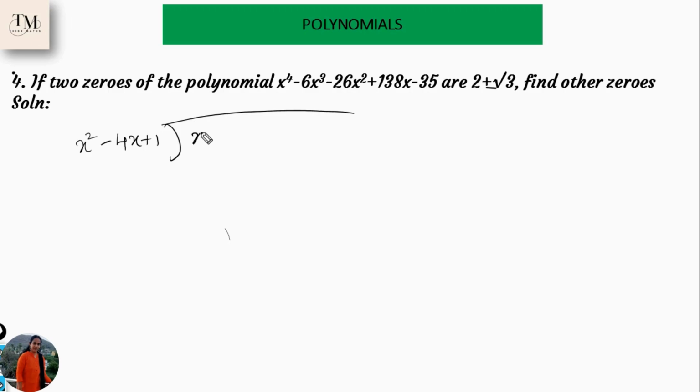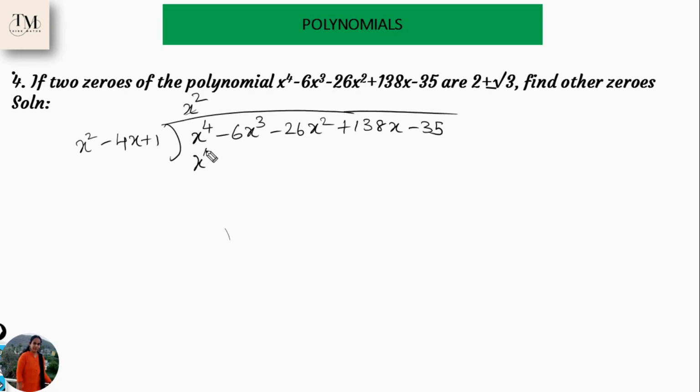So the given polynomial is x power 4 minus 6x cube minus 26x square plus 138x minus 35. So here it is x power 4. In order to get x power 4, we have to multiply x square by x square.